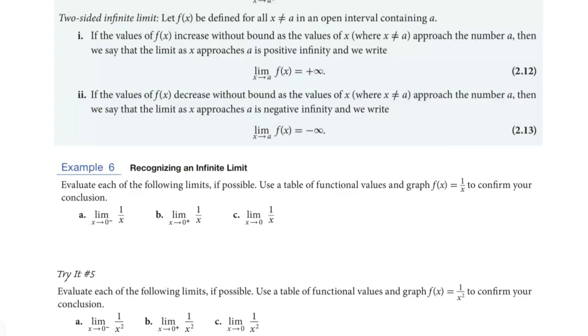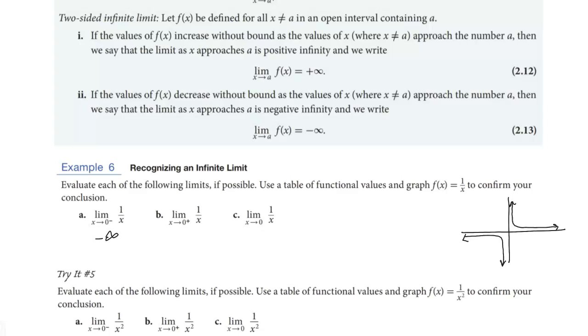So let's look at a few examples. Let's say we want to look at 1 over x. We're going to find the limit as we approach 0 from the left, from the right, and then at 0. So 1 over x we know has a vertical asymptote at 0. And that graph, the reciprocal function, looks like this. So as I get close to 0 from the left, I'm following this piece of the graph, and you can see it's heading to negative infinity.